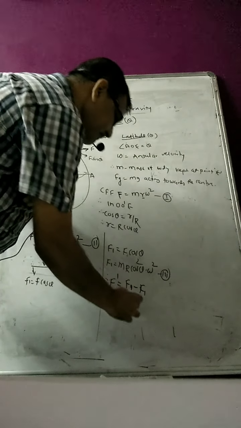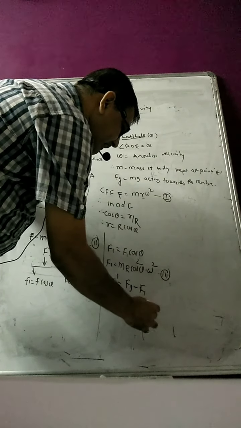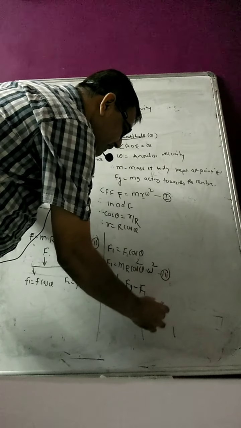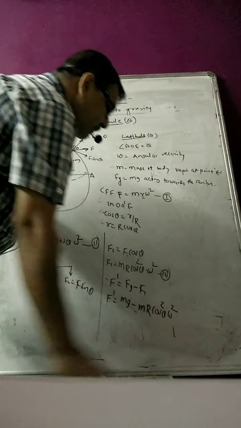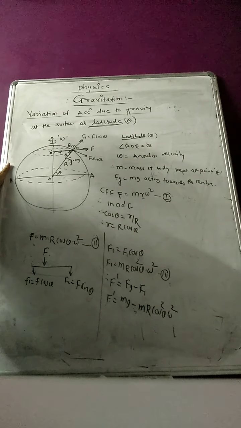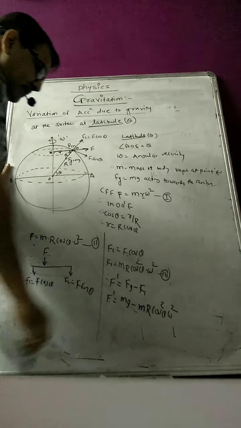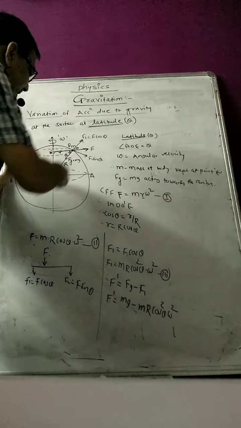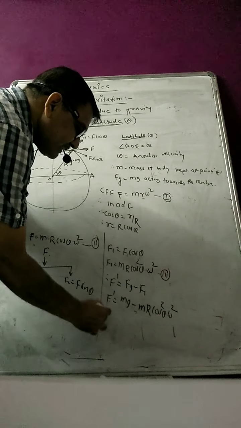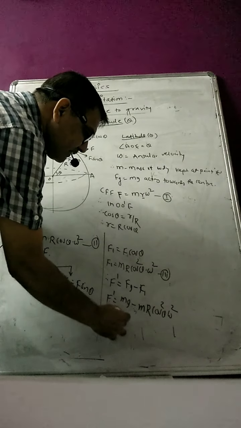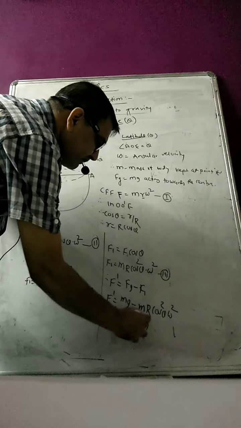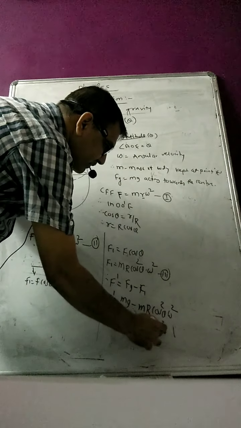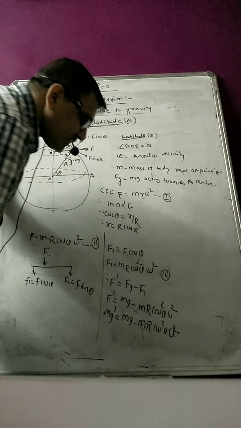What is F1? m r cos square theta into omega square. Now the resultant force acting at this particular point will be, that is mg dash is equal to mg minus m r cos square theta into omega square.